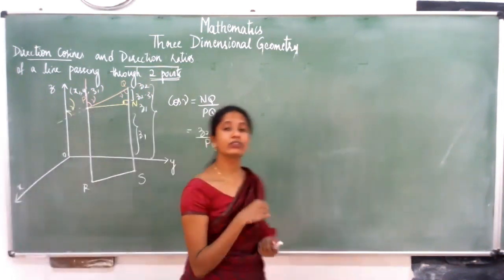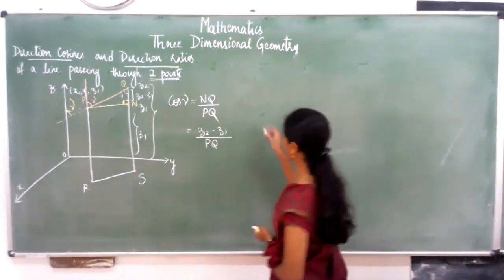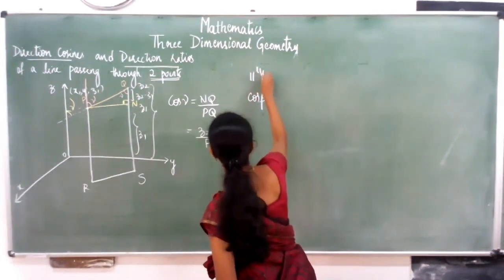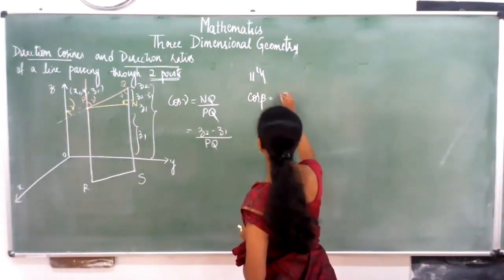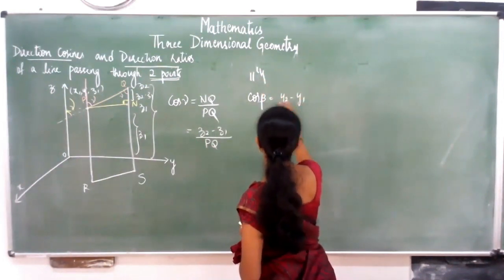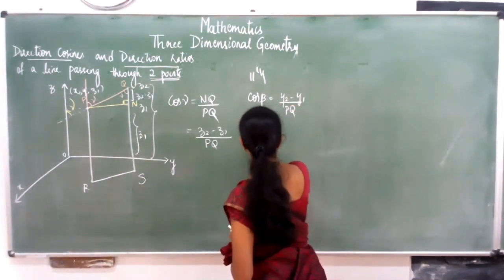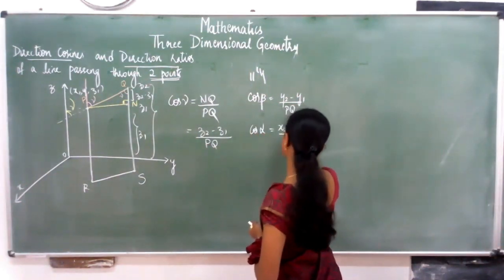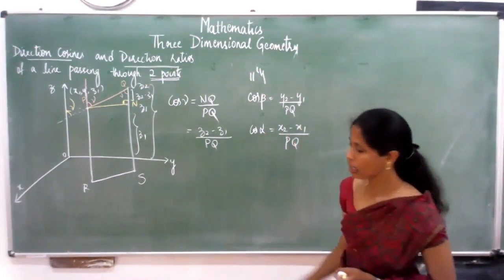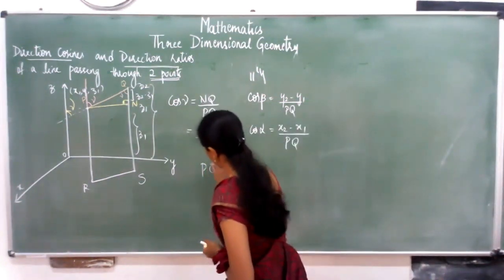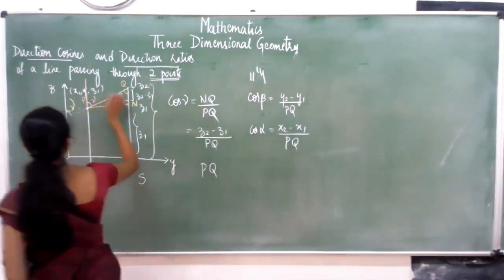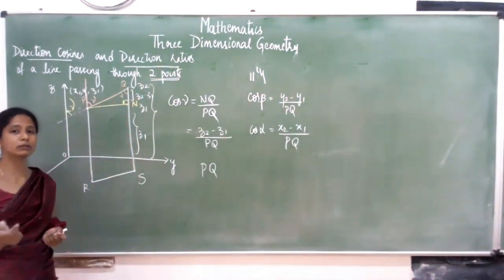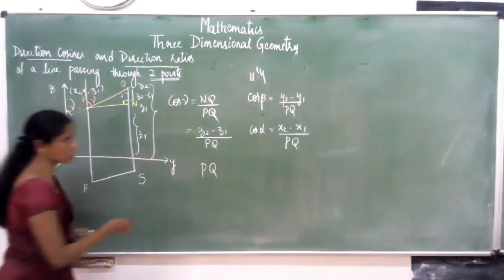Similarly, you can find it for cos beta and cos alpha. So, similarly, cos beta will be equal to y2 minus y1 by PQ, and cos alpha is equal to x2 minus x1 by PQ. Where PQ is the length from point P to point Q. We already know how to find the distance between the 2 points using the distance formula.